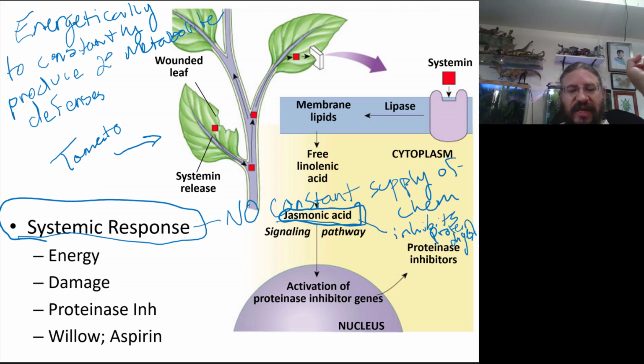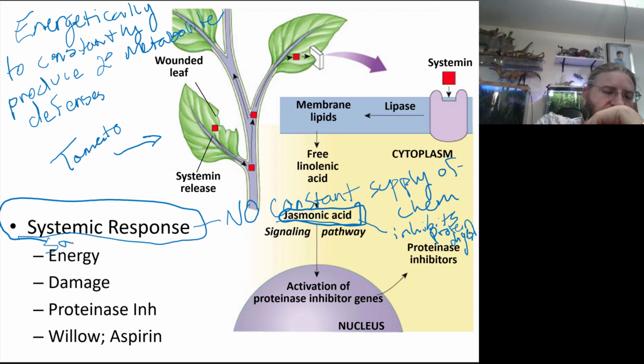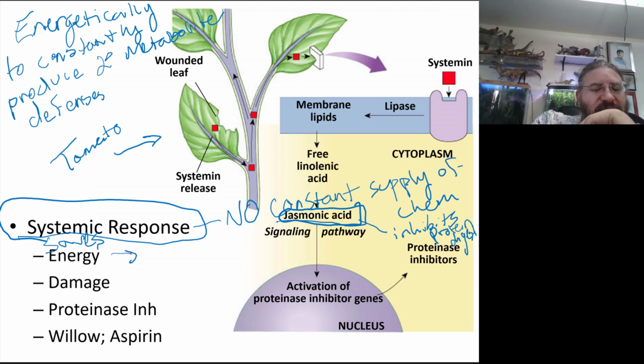It saves energy. Because basically how a systemic response works is you have damage that causes the release of cysteamine.